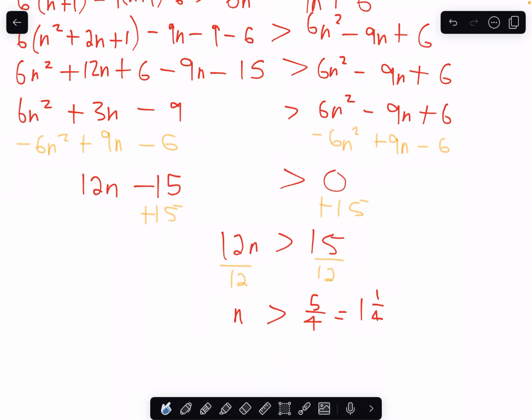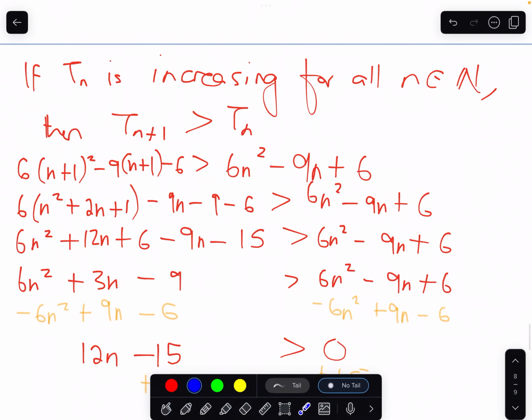So actually then this would have proved that this is not true for all natural numbers n. But this is where I thankfully spotted my mistake, because this is not meant to be a minus 6, it's meant to be a plus 6 like on this side.